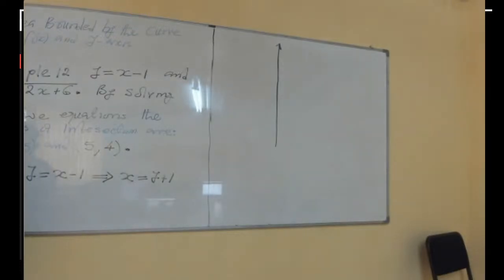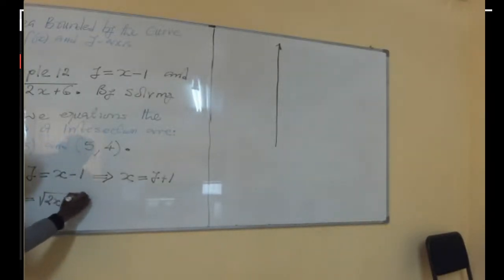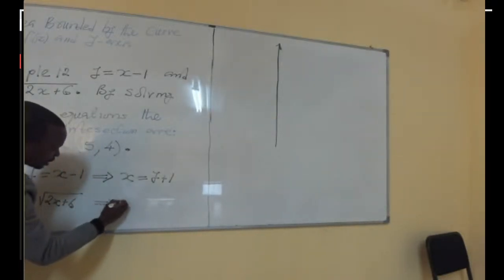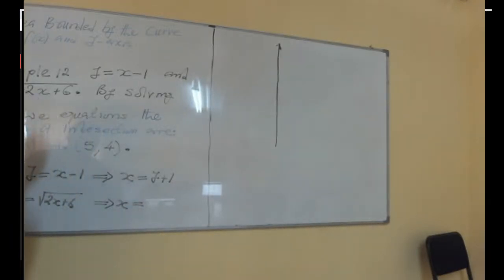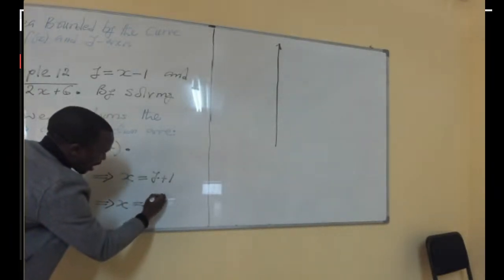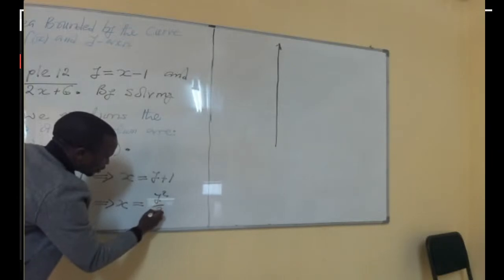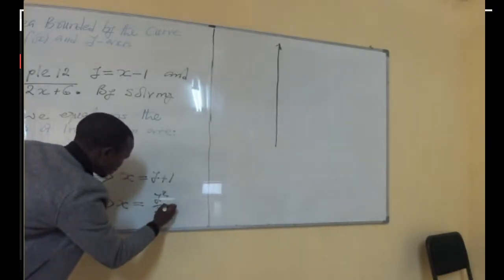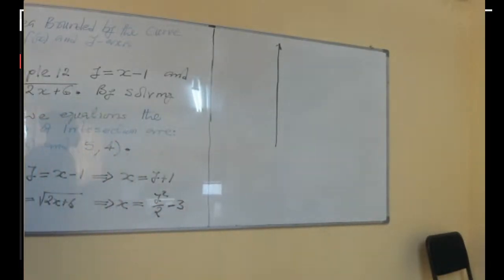And y is equal to the square root of 2x plus 6. When we solve for x in this equation, you're going to get x is equal to y squared over 2 minus 3.